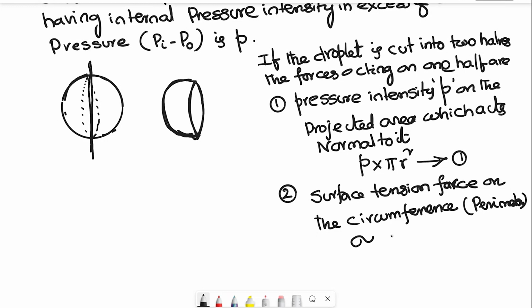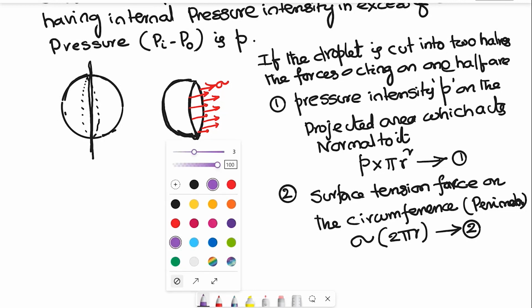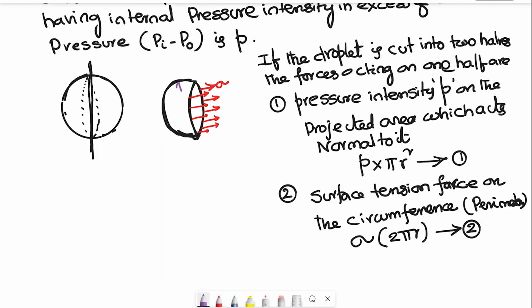That means sigma into the length, because sigma is always force per unit length. The perimeter is the length. So now I will show you the forces. Sigma acts like this, in red. The pressure intensity acts normal to it.